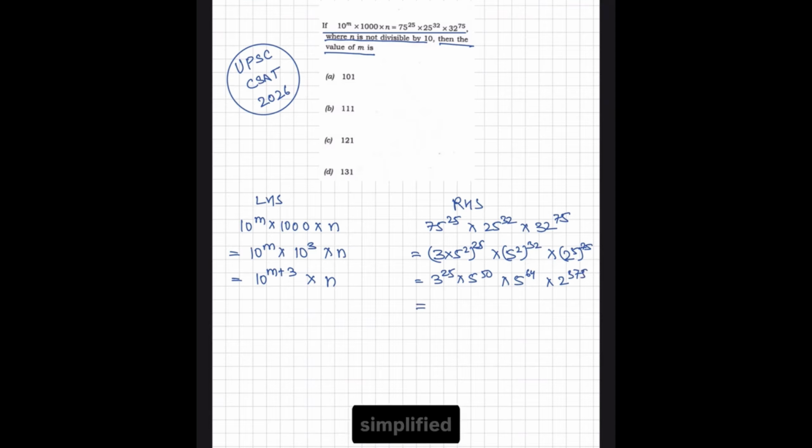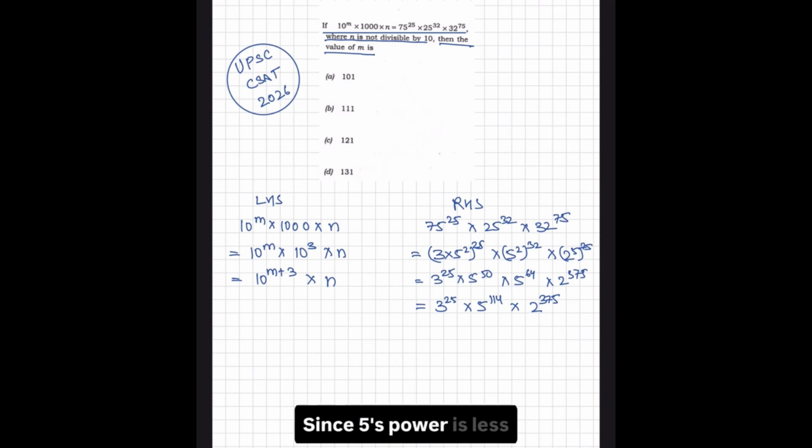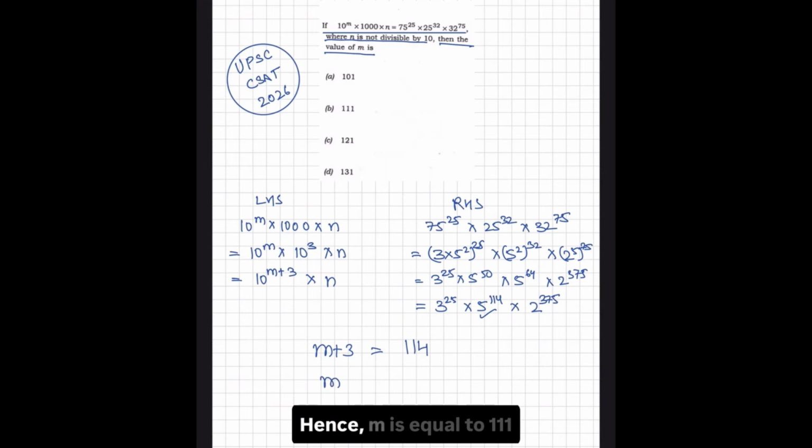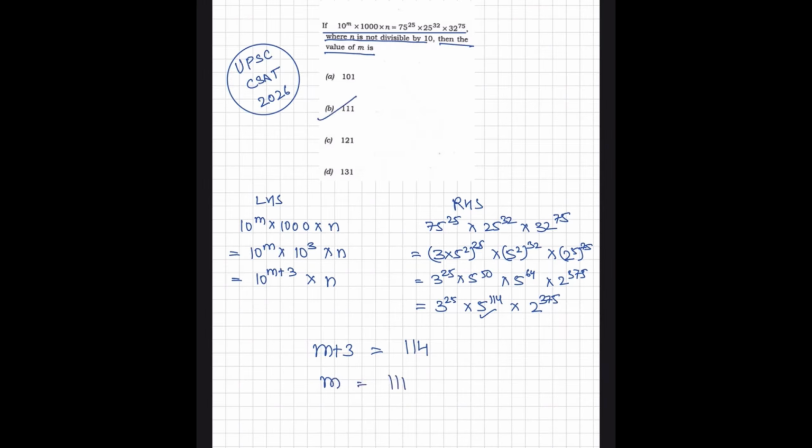It can be further simplified as 3 to the power 25 into 5 to the power 114 into 2 to the power 375. Since 5's power is less than 2's power, 5 is the limiting factor, hence we'll equate the power of 5 on the RHS with the power of 10 on the LHS. So m plus 3 is equal to 114. Hence m is equal to 111, and our correct option is option B.